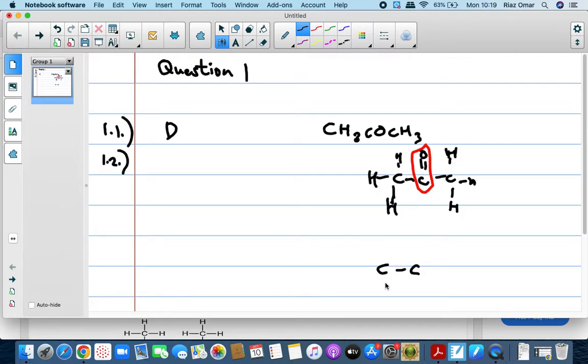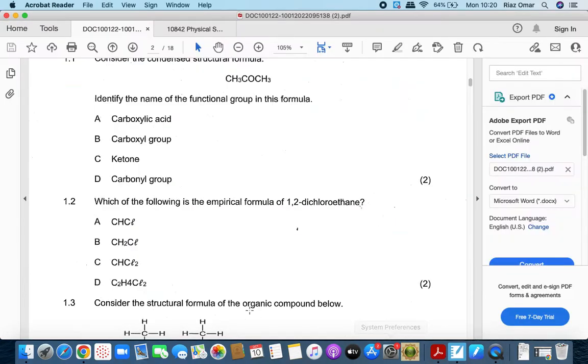Ethane is 2 carbons, chloro, 1,2 dichloroethane. So we have to write this down. We've got C2H4Cl2.